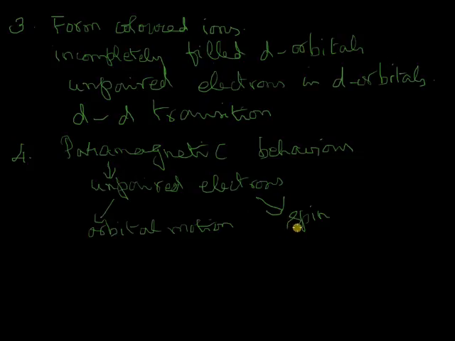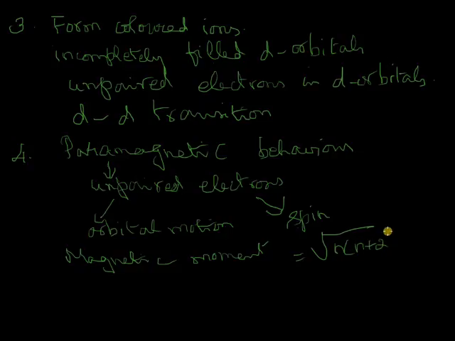When we consider the magnetic moment of the electron due to its spin alone, we call it spin only magnetic moment, which is given by the formula root of n(n+2) Bohr magneton. Bohr magneton is the unit for that, and n is the number of unpaired electrons. That's all it is, very simple. Once you know the electronic configuration of any ion, you will be able to calculate the spin only magnetic moment of the ion.